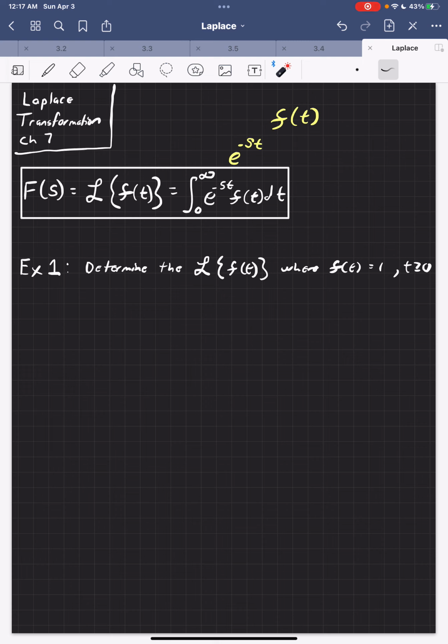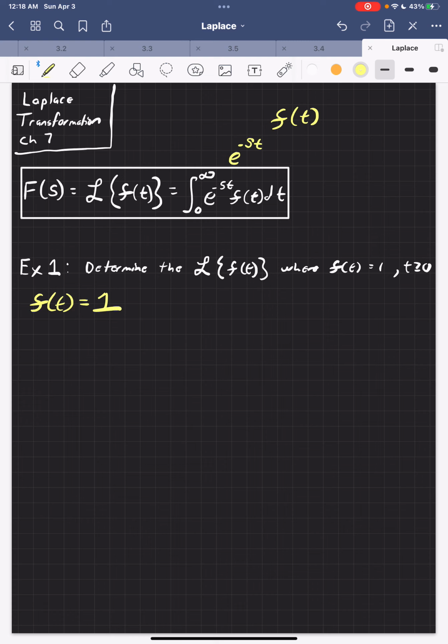We'll just jump into an example, and we're going to start really easy. Let's determine the Laplace transformation of the function where f of t is simply equal to 1, for all t greater than or equal to 0. So in this case, f of t is just a constant 1.